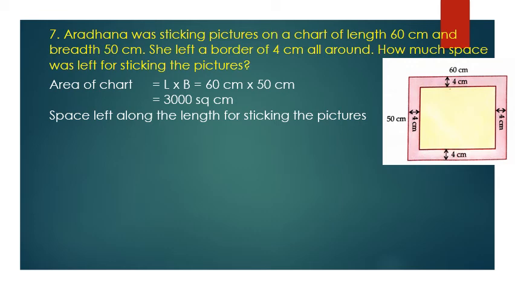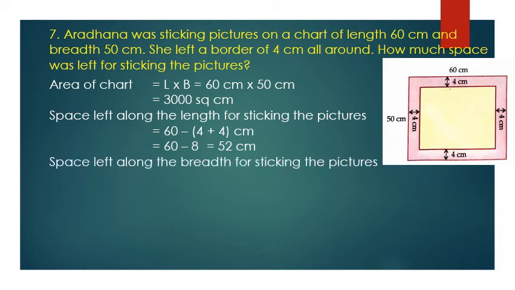So, along the length, after leaving 4 centimeter border on each side, how much space is left? Let us find out. 60 minus 4 plus 4 centimeter. So, 60 minus 8, which is equal to 52 centimeter.